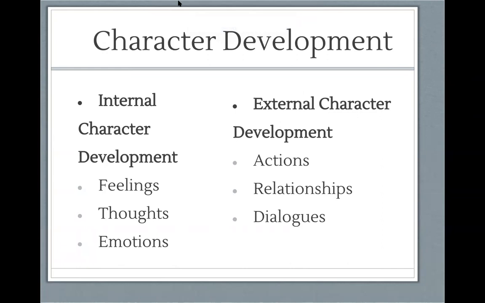They may not physically change, but their thinking or their feelings about a topic may change. Versus external character development, where maybe they take different actions. We can see that their relationships have changed. Even sometimes their dialogue or speech may change. I think it's important to look at both of these when you look at character development and what a character looks like holistically.